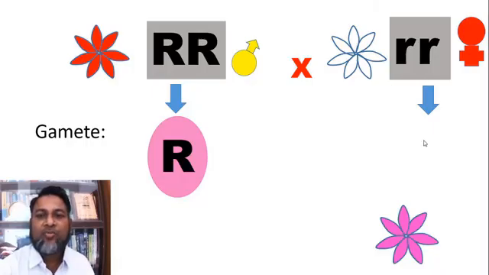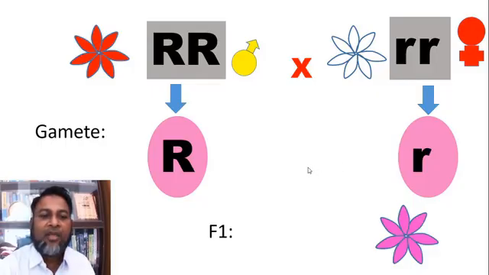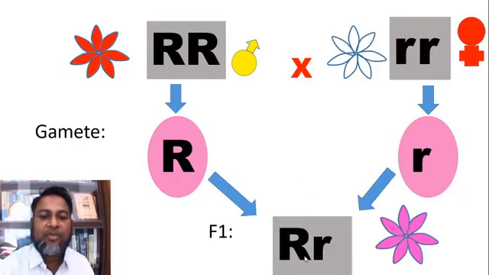From small r small r, one small r comes to the female gamete. In fertilization, capital R and small r are crossed and produce the genotype capital R small r. Its flowers are pink flowers. This is exceptional.